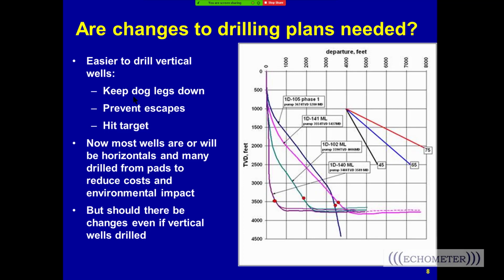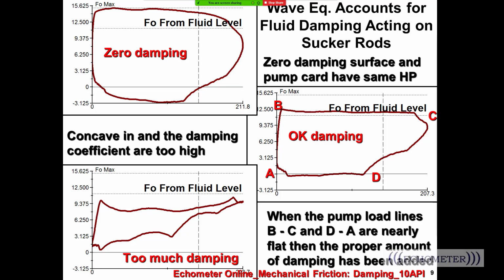But if you don't control the well and you drill it fast and crooked, and that causes a dog leg or a severe change in the wellbore, then that can not only increase the long-term operational cost, but it can start to cause downhole frictional forces, mechanical forces, and in fact can cause downhole sticking. So that's a little introduction to the spring constant and some of the ideas of mechanical forces.